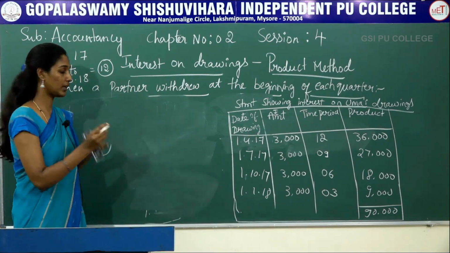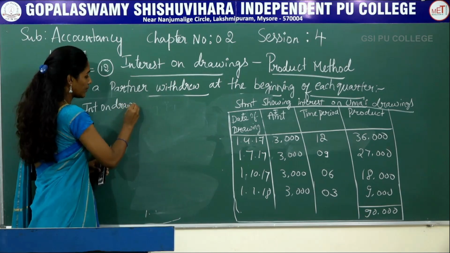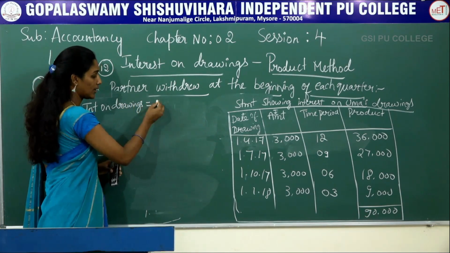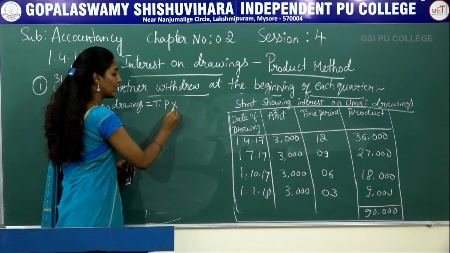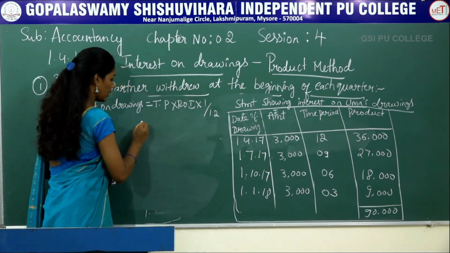Formula for product method is interest on drawings equals total product into rate of interest into 1/12.